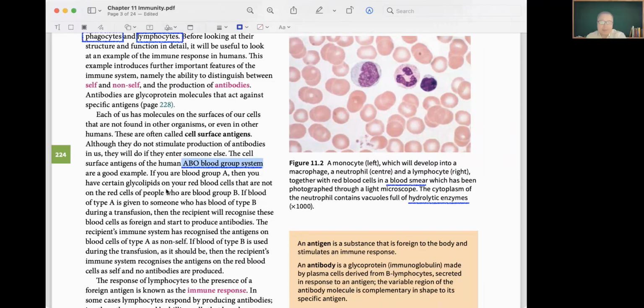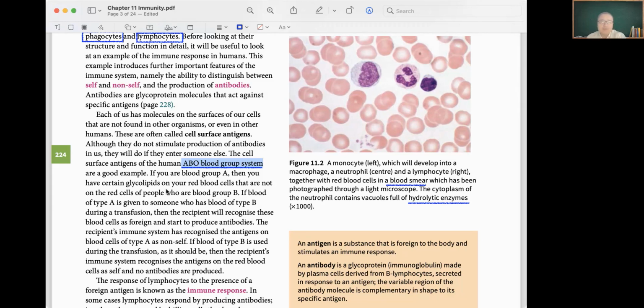Since there is a type B antibody in the type A blood, after transfusion of type B blood, the type B antigen in the type B blood cell will combine with the type B antibody of the type A blood cell, right?